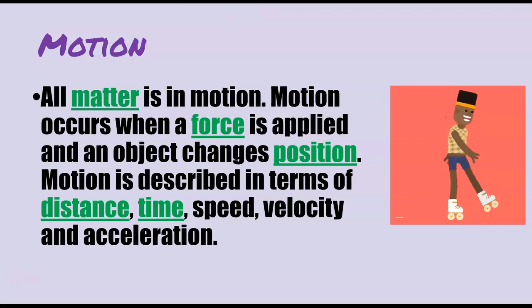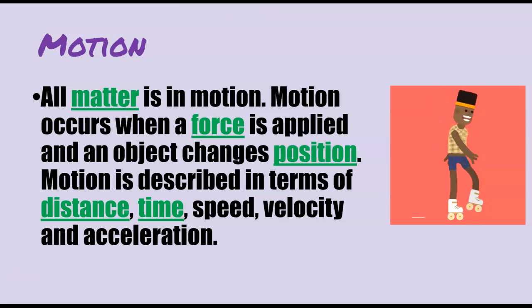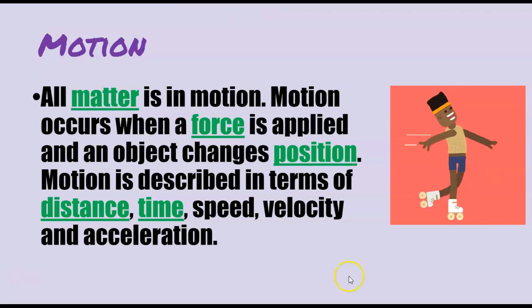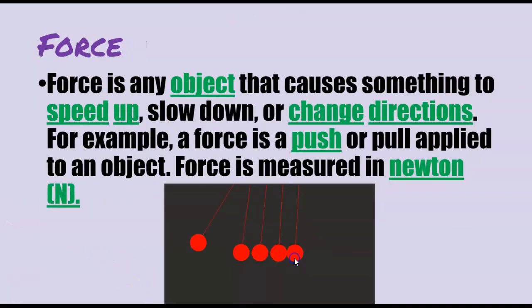So motion that we physically see occurs when a force is applied and an object changes position. Motion is described in different terms like distance and time, which can also lead to speed. And then you've got velocity and acceleration. We are going to look mostly at distance, time, and speed.